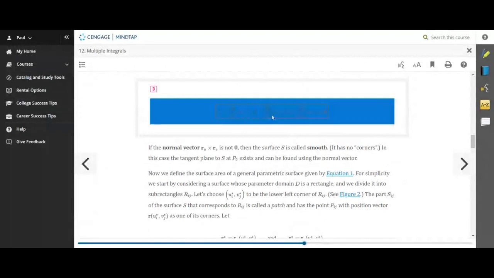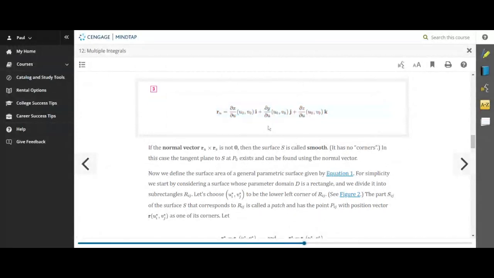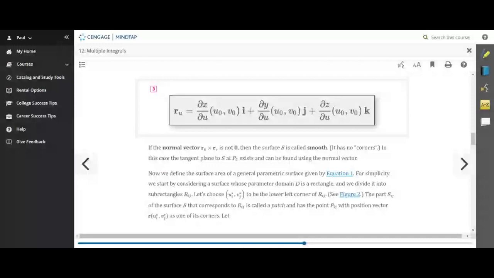Here is the vector function. It's the tangent vector, and you've seen this a little bit in your homework. Okay, let me go up here a little bit.